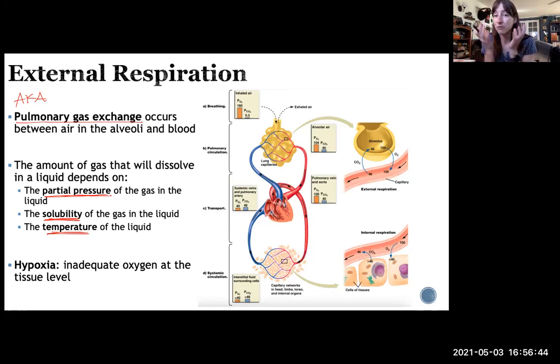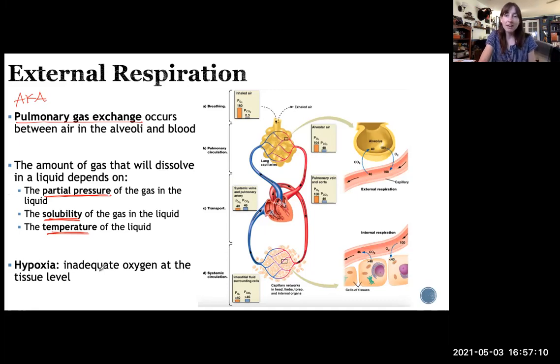So the partial pressure of that gas in one place versus the other determines how much it will dissolve. The solubility of that particular gas, that particular molecule, which is a chemistry thing. And then the temperature of the liquid is going to determine how much of that gas is going to be able to dissolve in the liquid or will stay dissolved in the liquid.